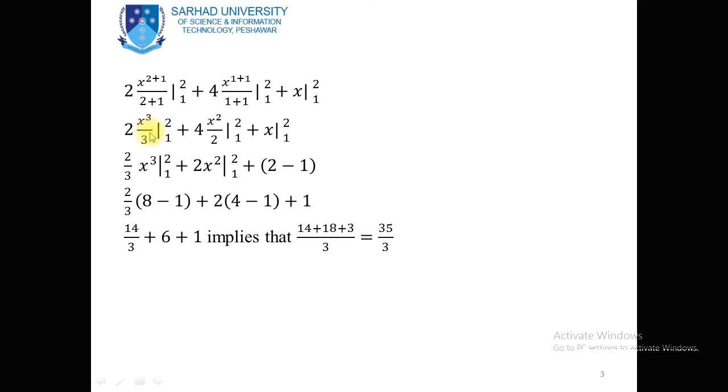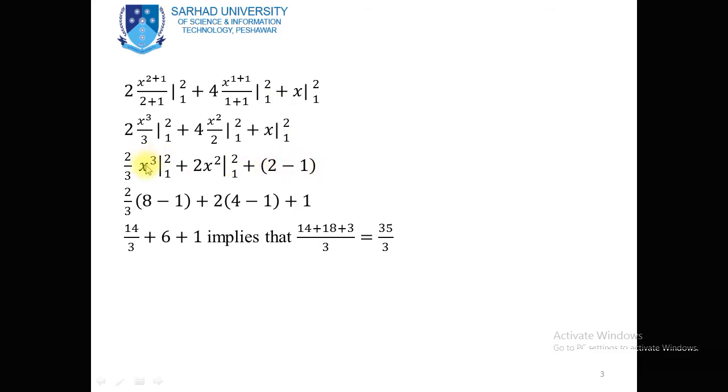Now 2x cube divided by 3 plus 4x square divided by 2 plus x, and after simplification we obtain 2 by 3 x cube, limit from 1 to 2, plus 2x square, limit from 1 to 2, and then we put the limits in these terms. Putting the upper limit, x is equal to 2, minus putting x is equal to 1.